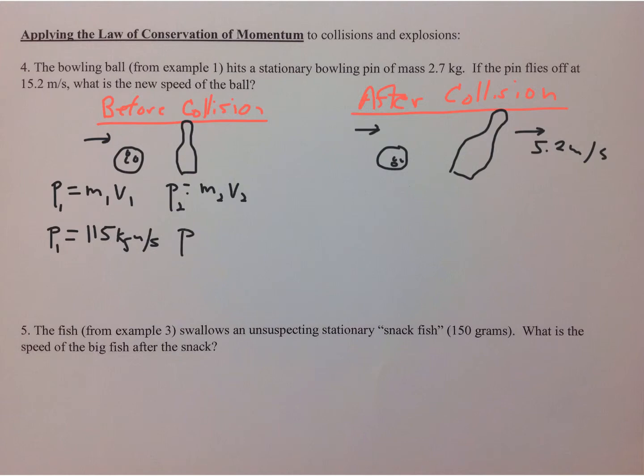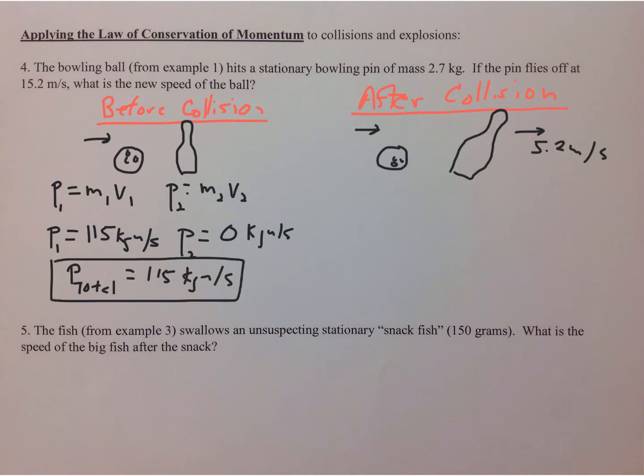Well, P2 here for the bowling pin is 0 because it's not even moving. So what we're interested in is the total momentum here. The total momentum in this system is just 115 plus 0, it's just 115 kilograms meters per second. So that's what's going to be conserved, that number. We need to have that much momentum after the collision.